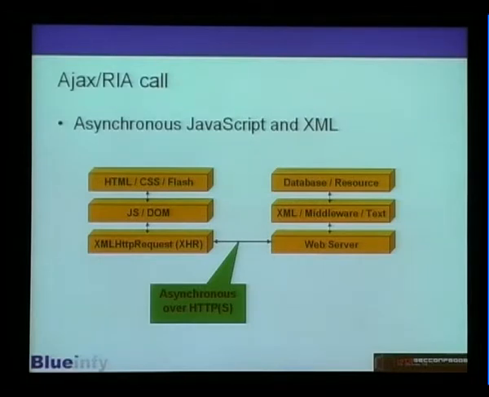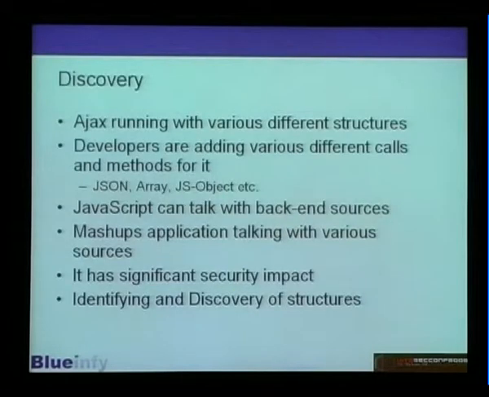Once I am done with that, the next thing I am interested in is what kind of AJAX calls you are making, because that is the most important, critical point. You use HTML and CSS, it goes to the JS DOM, then to the XML HTTP request, the XHR object, and then you make an asynchronous call over HTTPS, which hits your web server and goes to the XML pipe and data source.